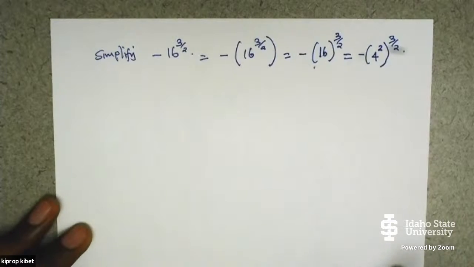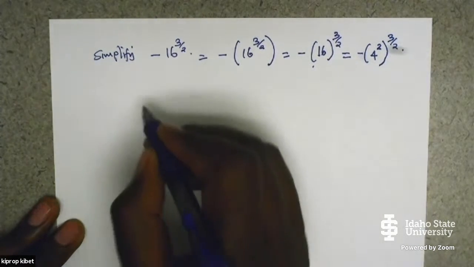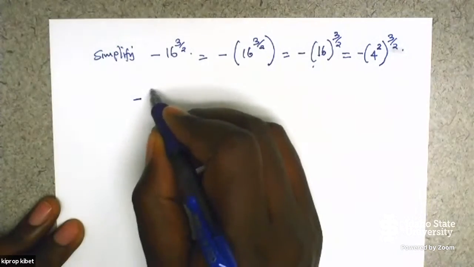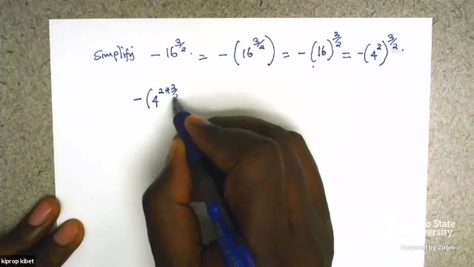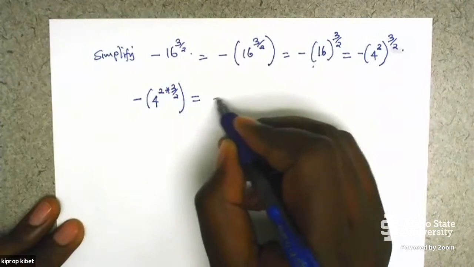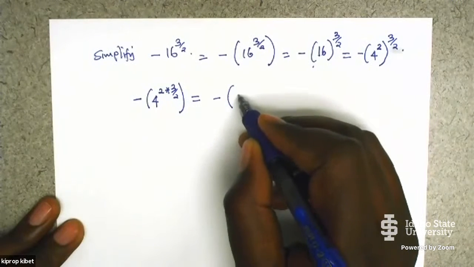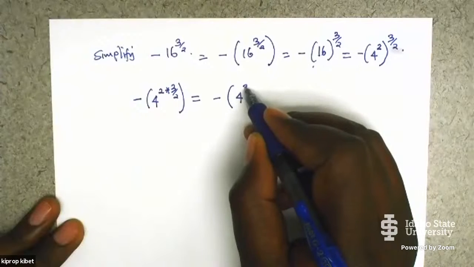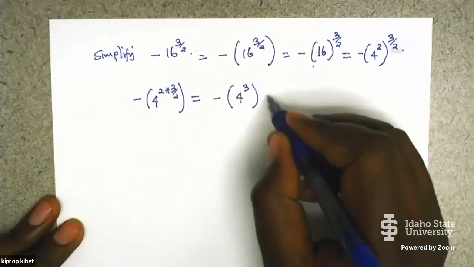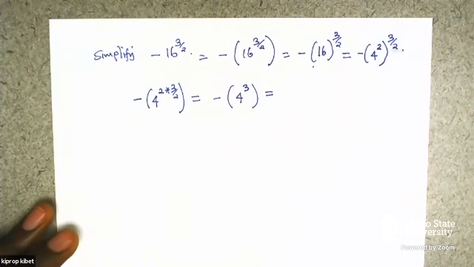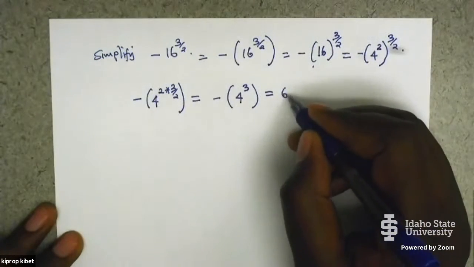Now, using the properties in section 5.1, this is equal to -4 raised to 2 multiplied by 3 over 2, which is -4 raised to 3, and this is equal to -64.